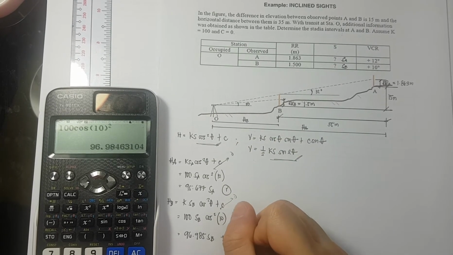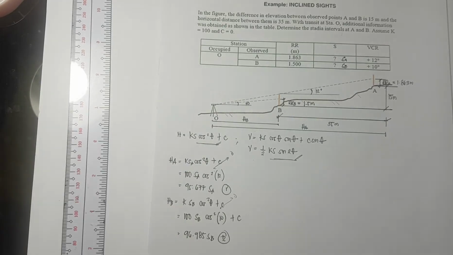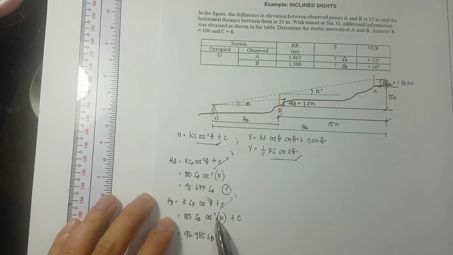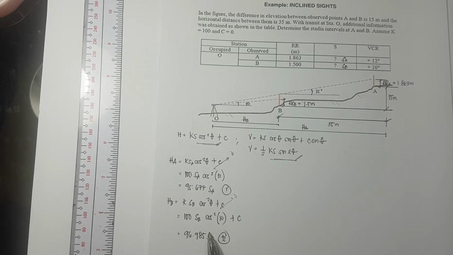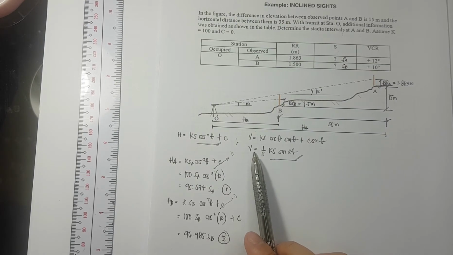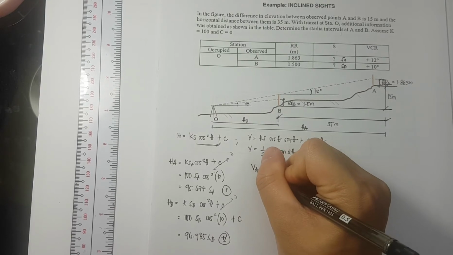This is my equation number 2. But that is not enough, because we do not know HA, we do not know HB, we can still solve for SA and SB. Now, we look into our equation for the vertical. So, for the vertical, we have VA.